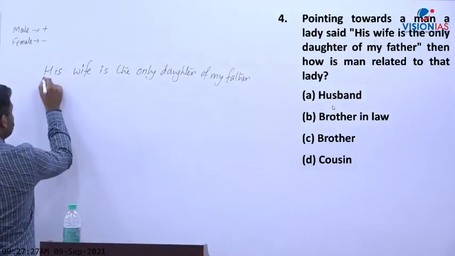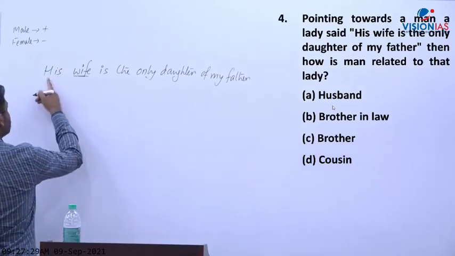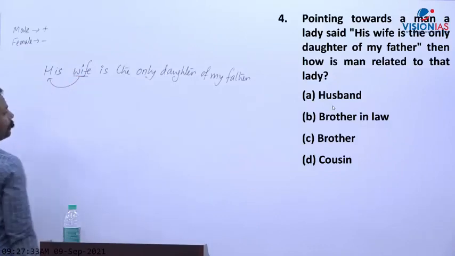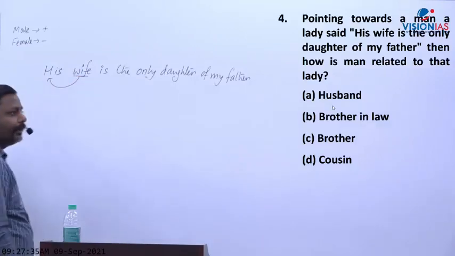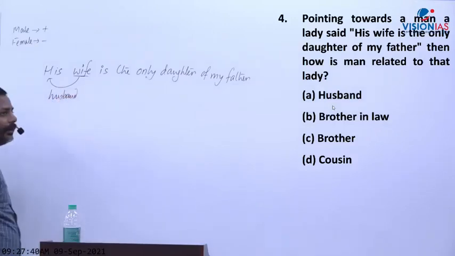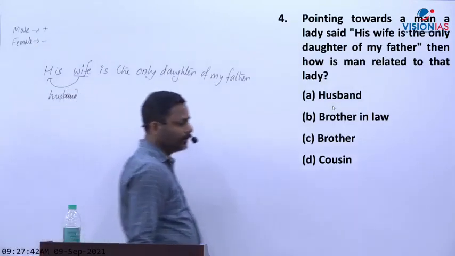So this time the relationship attached with this term is wife. So for his wife, the man will be what? For his wife, the man will be husband. Divya, are you getting my point?